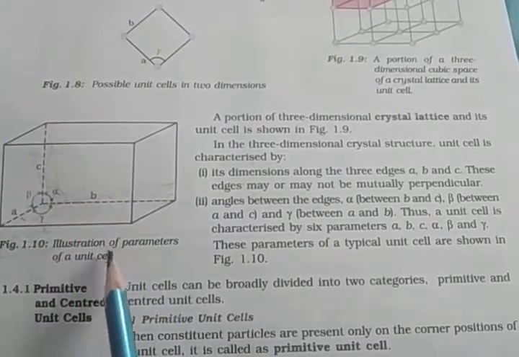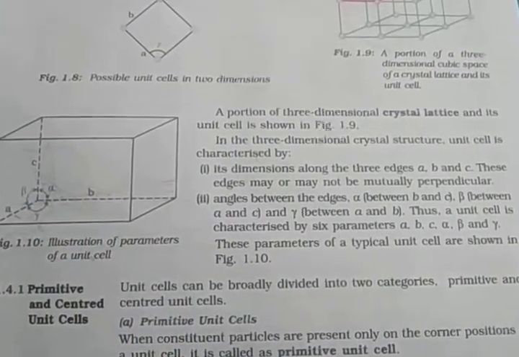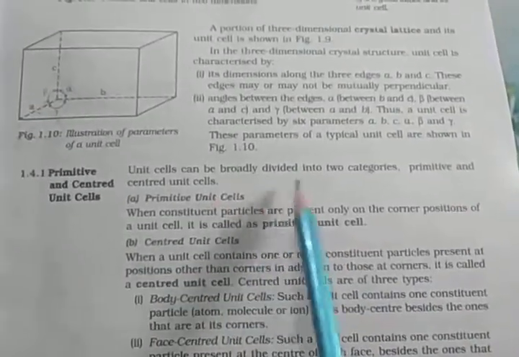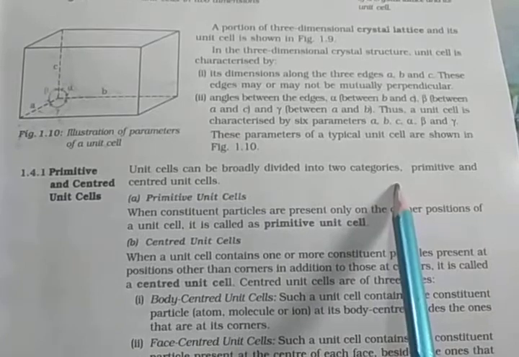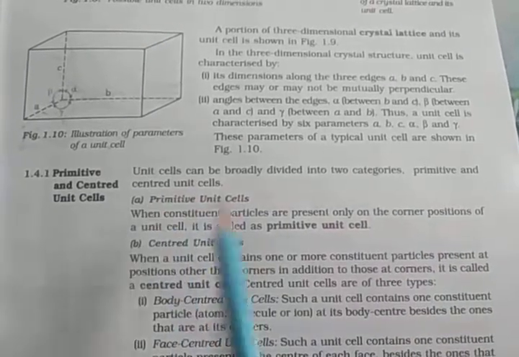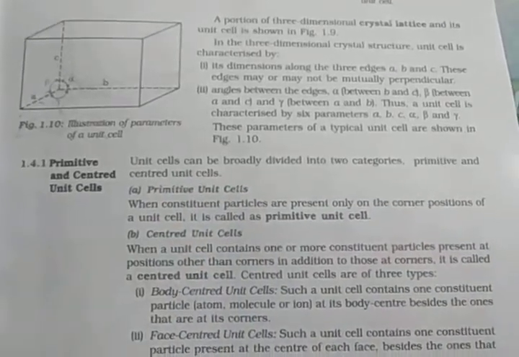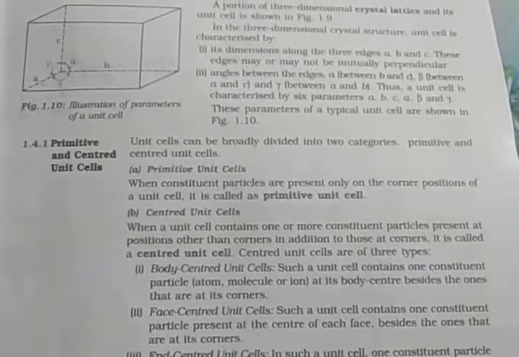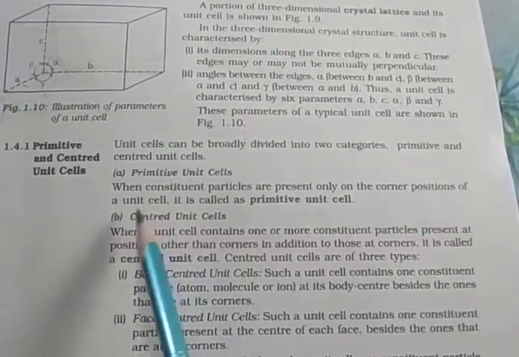So these 6 parameters illustrate a unit cell. Okay, clear? Then a unit cell can be broadly divided into 2 categories, primitive and centered. Clear?